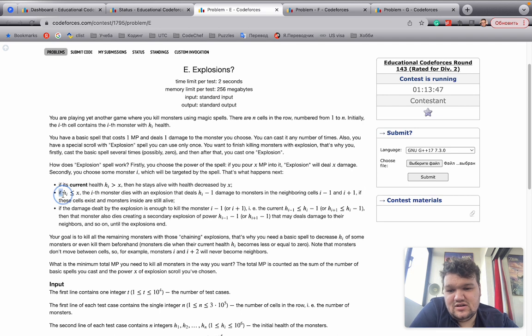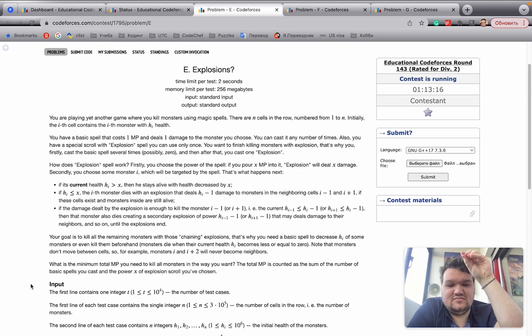If HI is at most X, the I-th monster dies with an explosion that deals HI minus 1 damage to the monsters in the neighboring cells, if they exist and are still alive.